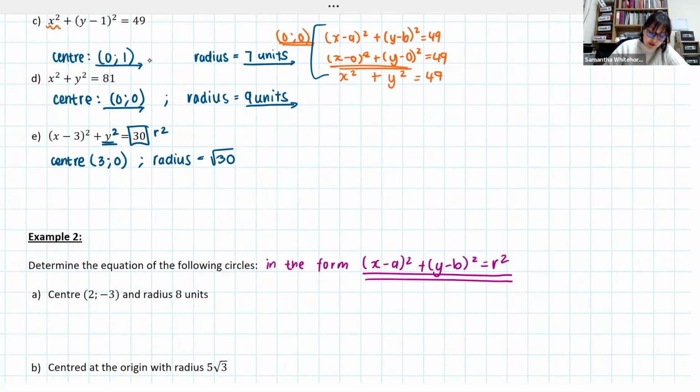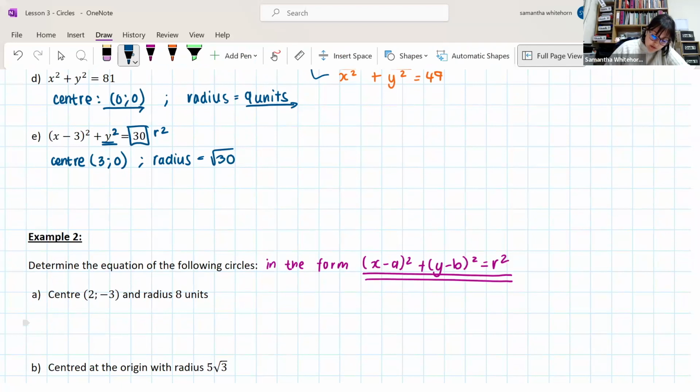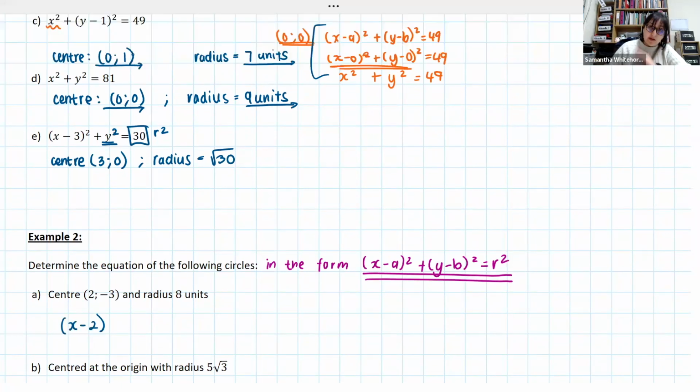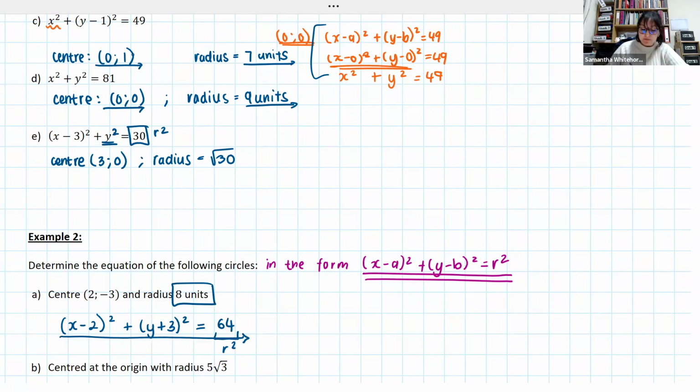So for our first question here, we know where the center is. So we know it's x minus 2. Remember, the sign is always the opposite, squared, plus (y plus 3) squared. And if our radius is 8 units, and this must represent r squared, we just square that, 64. We've got the equation of our circle. So again, don't overthink. Simple as that.